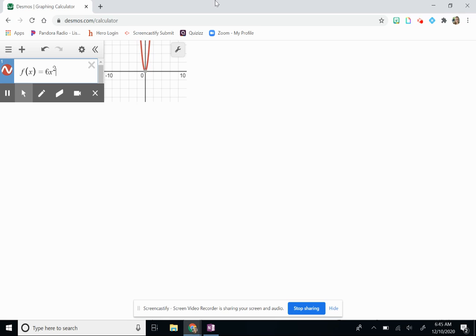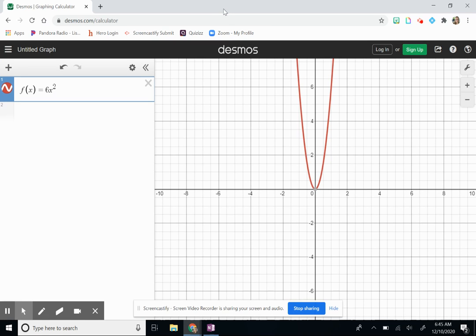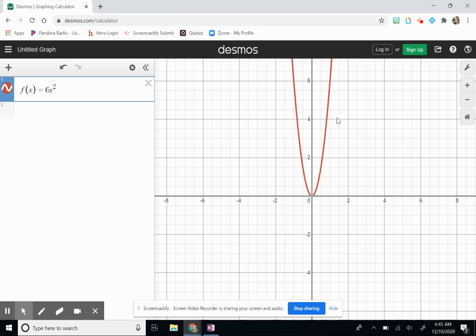And if I were to look at just this function, this is a parabola. This is not a 1-to-1 function. So if I were to draw a vertical line, it is a function, but if I draw a horizontal line, this is not 1-to-1. Therefore, I cannot find the inverse of it.